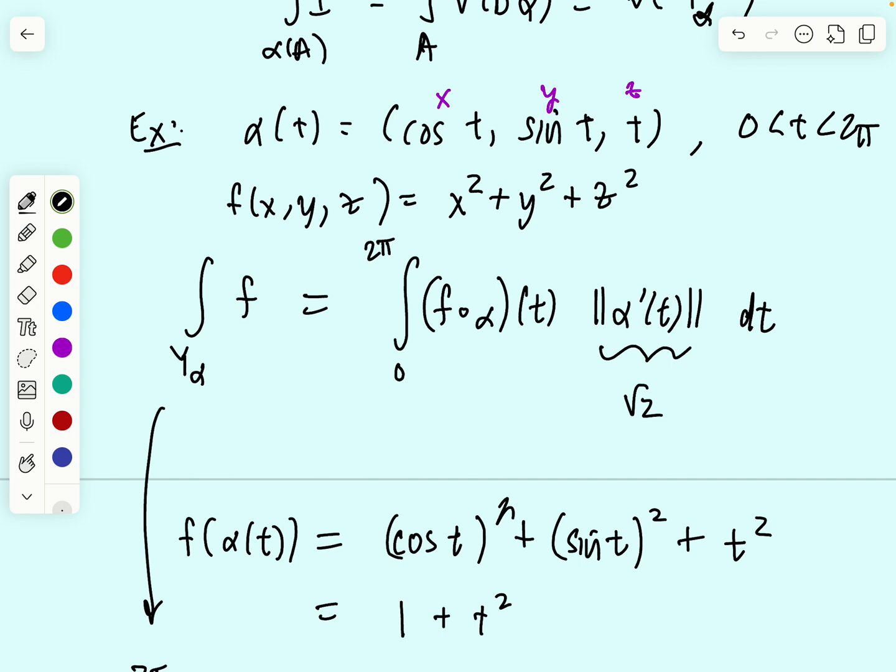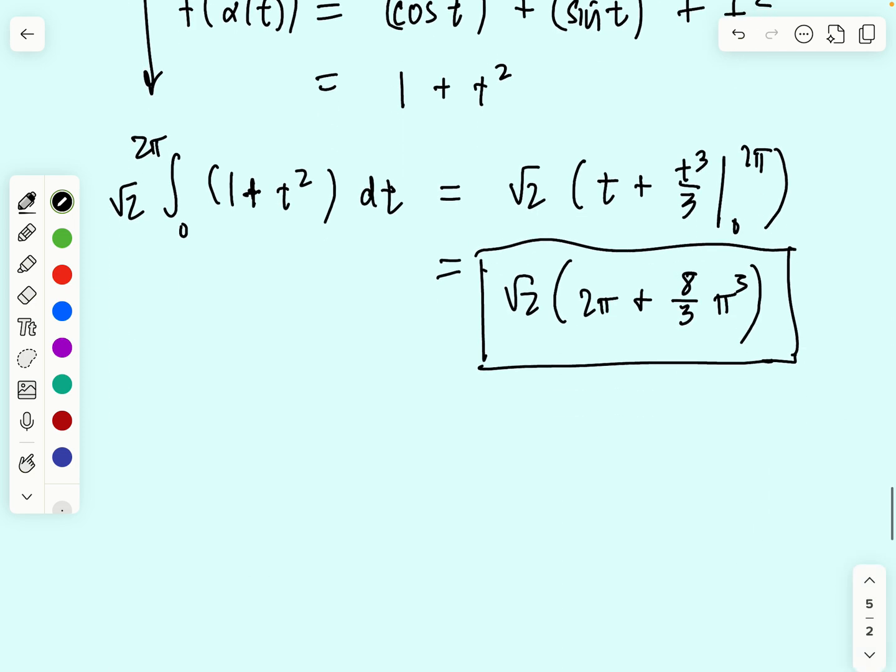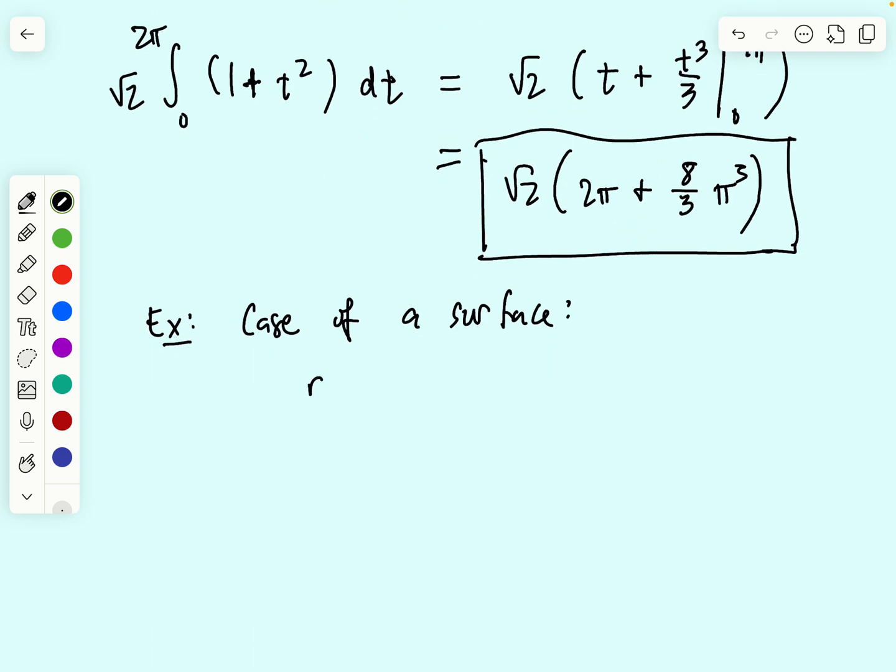Okay, and that was an integral over a one manifold. You can also do an integral over a surface, right? That's a surface integral. And for that, in the case of a surface, if you use r of uv, this is pretty typical notation to use r of uv instead of alpha.